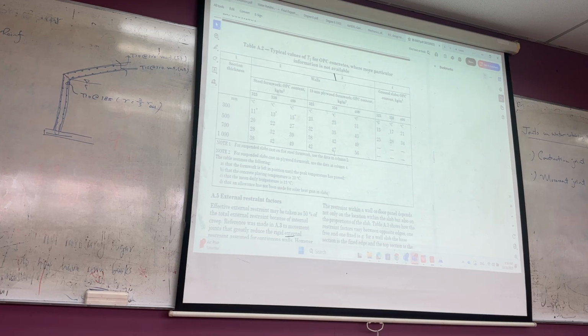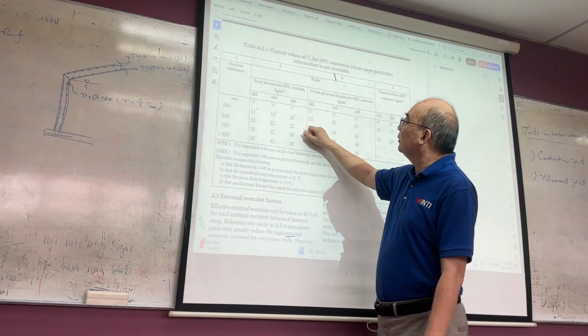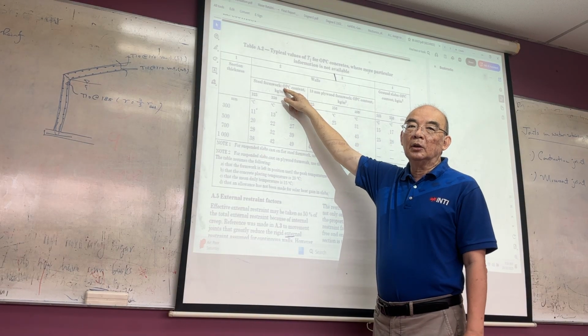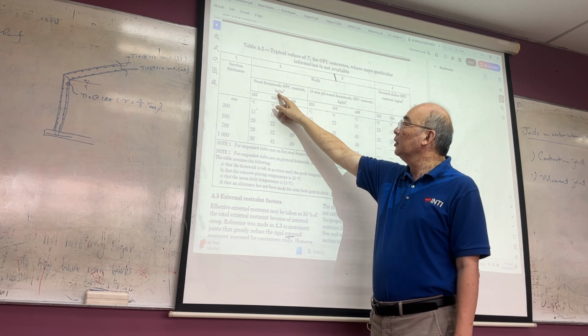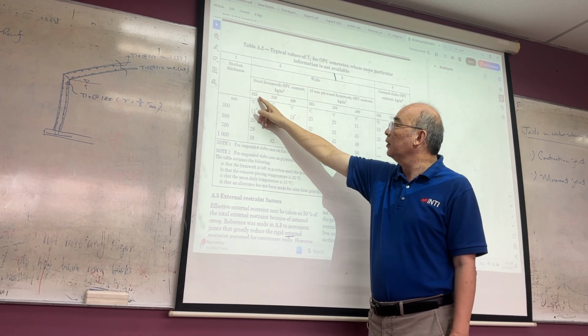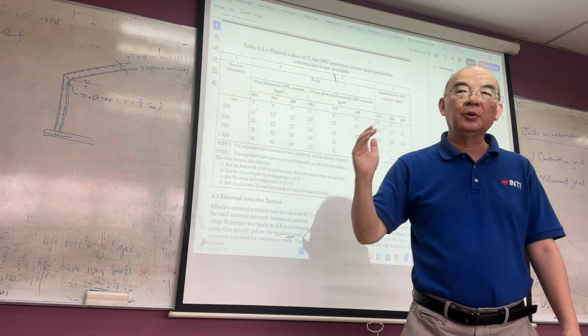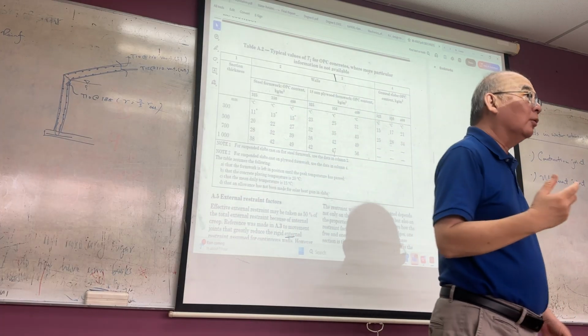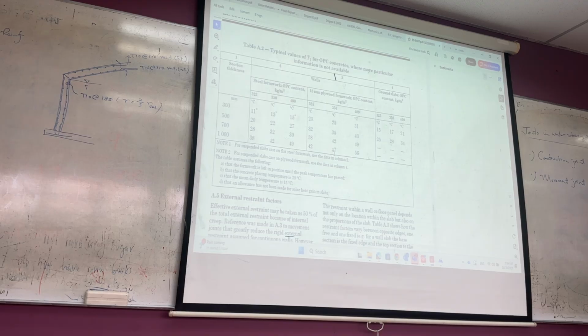If you look at this table here, this is the OPC. OPC is ordinary Portland cement content, in kilograms per meter cube. So this is 325, 350, 400. How do you know which one? It depends on the concrete grade, right? So what's the cement content for different concrete grades? Where do you find that information?